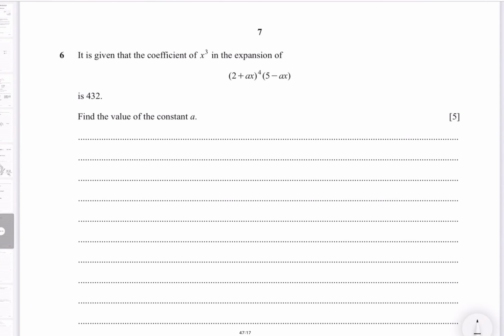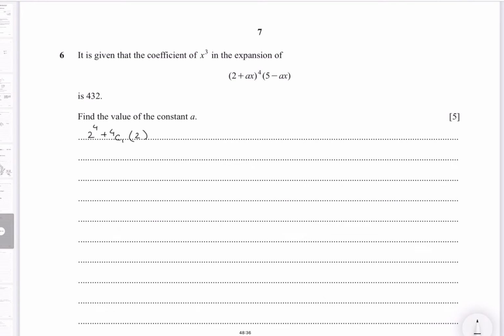Question number 6. It is given that the coefficient of x power 3 in the expansion of (2 plus ax) whole power 4, bracket (5 minus ax), is 432. Find the value of the constant a. So apply the binomial theorem formula, which is always given in the worksheet.